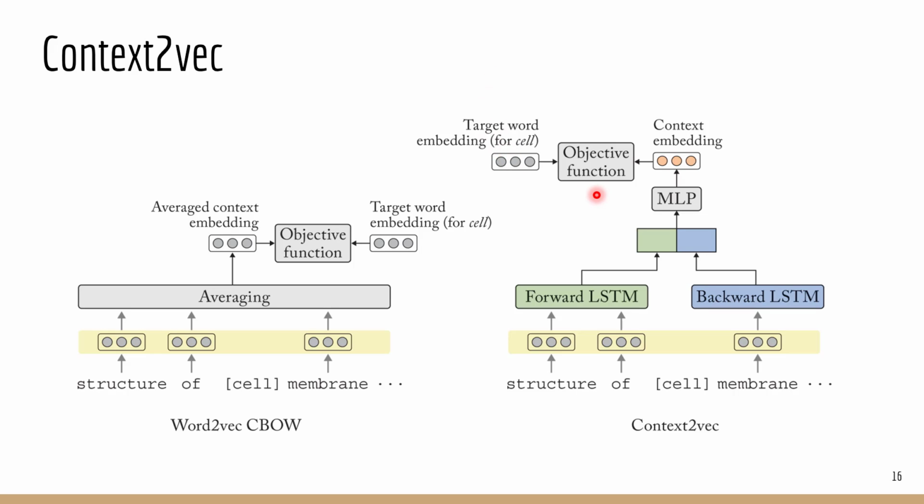So here is the objective function. You have a missing word, you encode the context, and you try to predict the target word. The encoded representation for the context of a target word can in fact be taken as the contextualized representation for that target word. And that is why context2vec is one of the earliest models in this branch for contextualized representations.